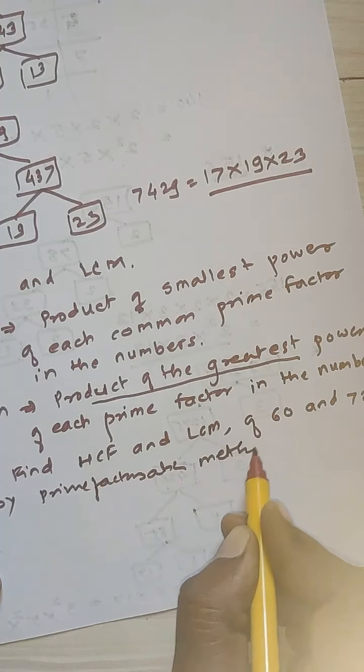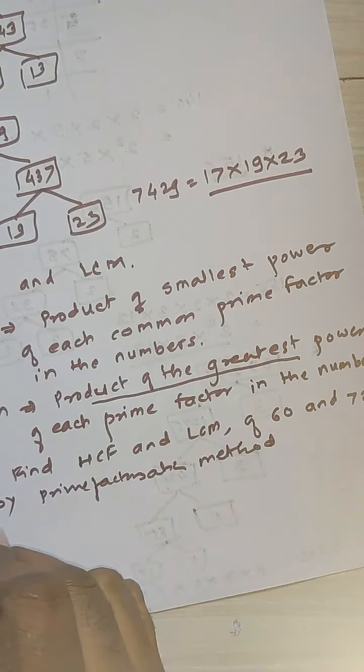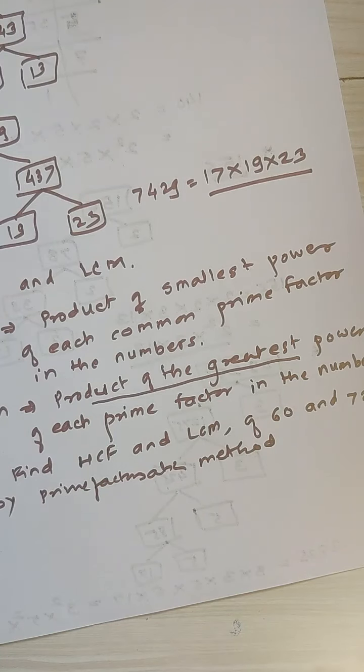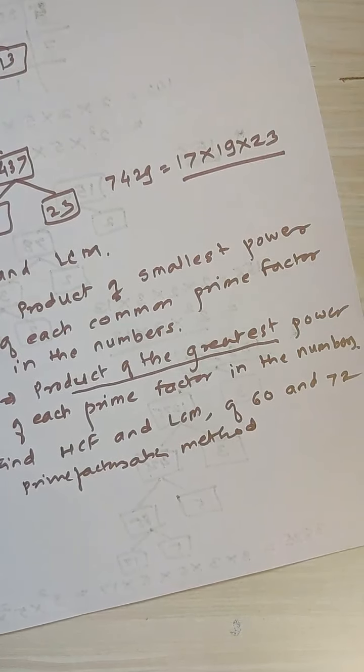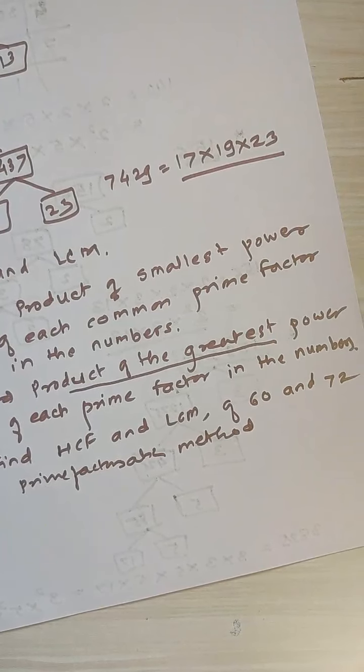Like this, a question can come for 2 marks in the board exam. Find the HCF and LCM of given numbers by using the prime factorization method, or it can also be by using the fundamental theorem of arithmetic. Like this the question will come.